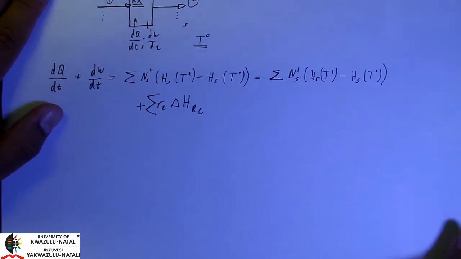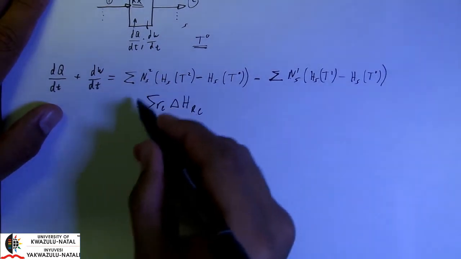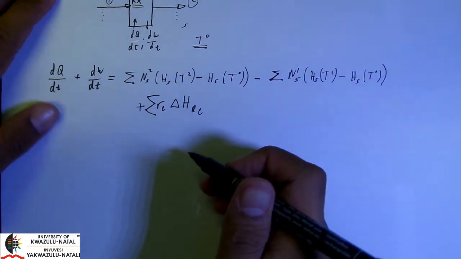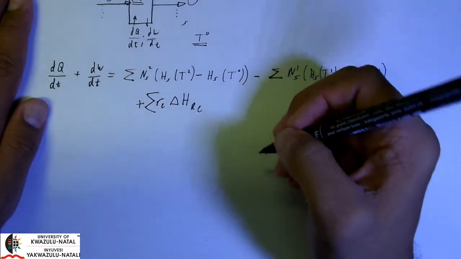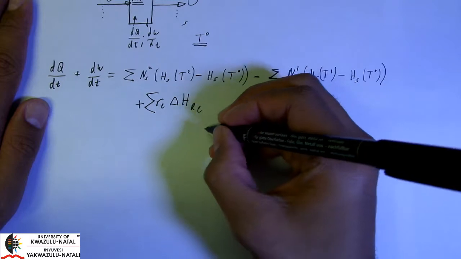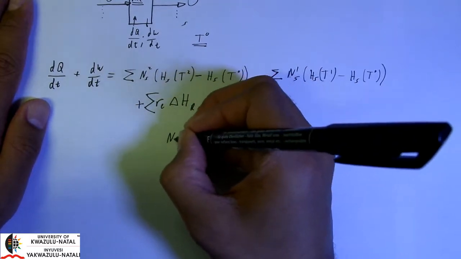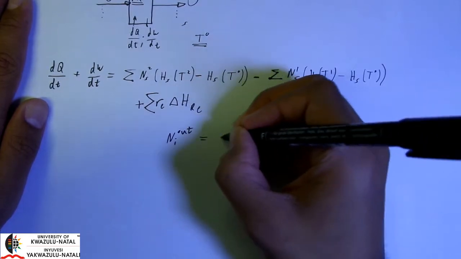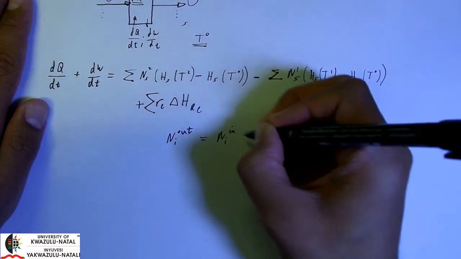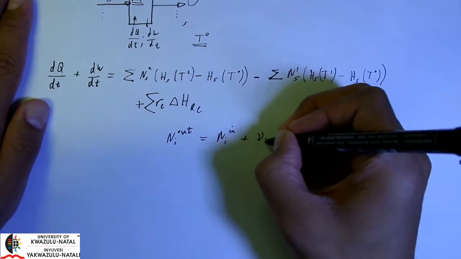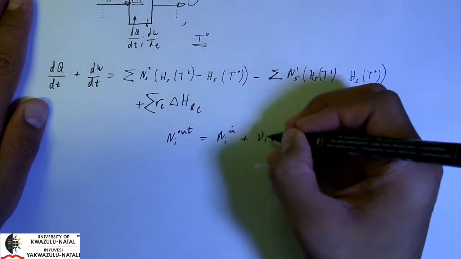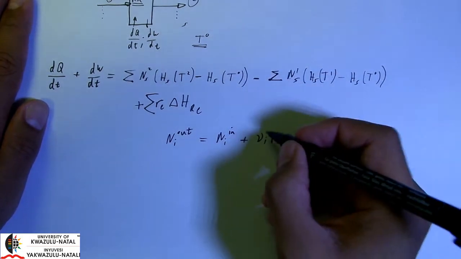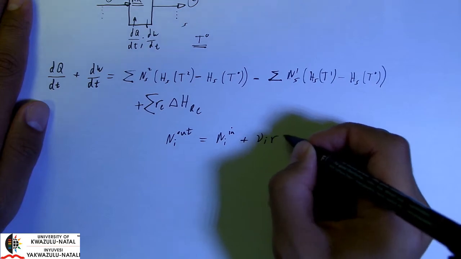Now there is another way to express this if we go back to basics. Remember that for our reacting systems, for any species i, Ni out is equal to Ni in plus vi times R, where vi is our stoichiometric coefficient for each reaction.